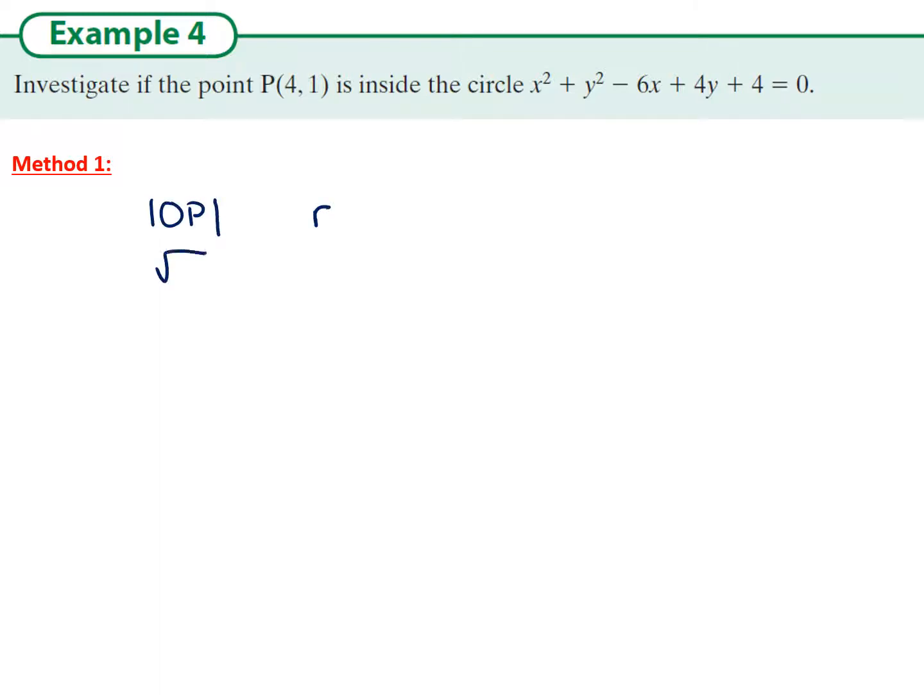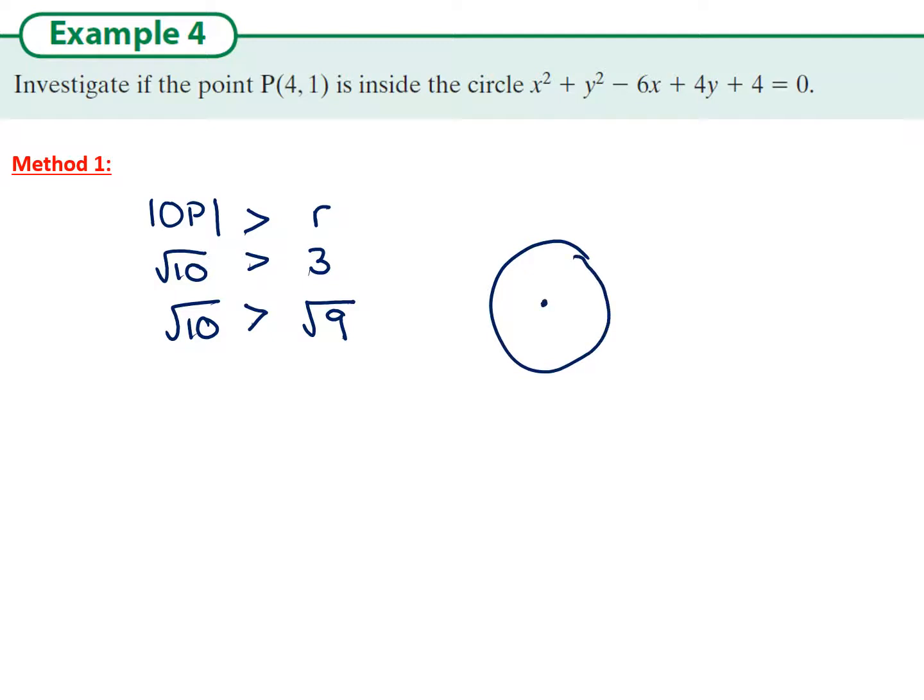So OP was root 10, OR was 3. If you struggle to compare, you can turn root 10 into a decimal, but actually what I would do is say, well, 3 is actually the square root of 9, so root 10 must be bigger. So we've just worked out that OP is greater than OR.